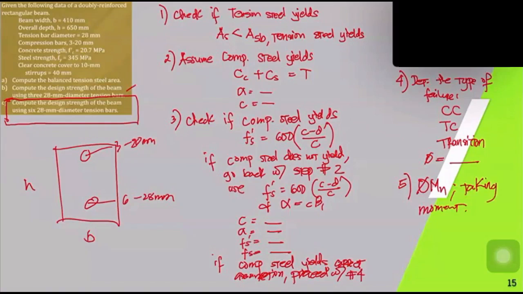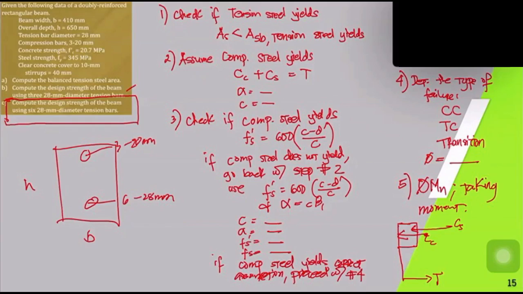Actually, itong taking moment, hindi naman siya sa tension side lang pwede. Pwede rin sa compression, kaya lang mas complicated kasi yung moment arm. So this is tension, this is CC, this is CS. Pwede kang mag-take ng moment at CC. Pwede yan.